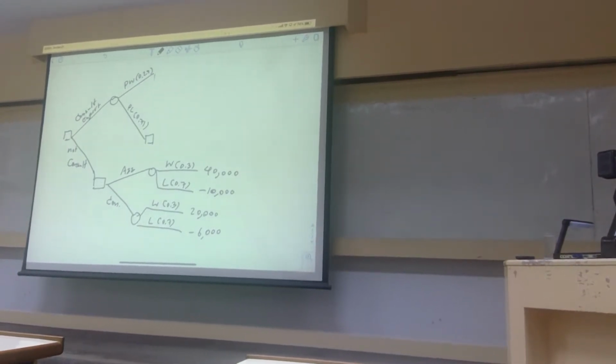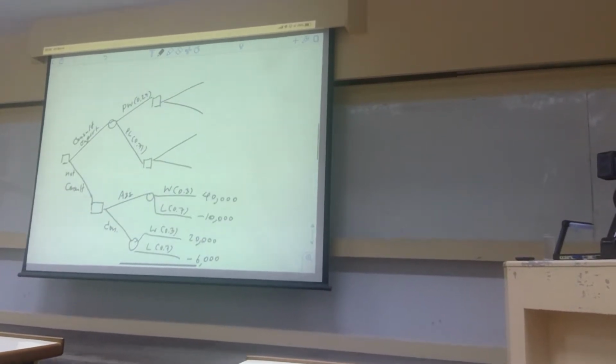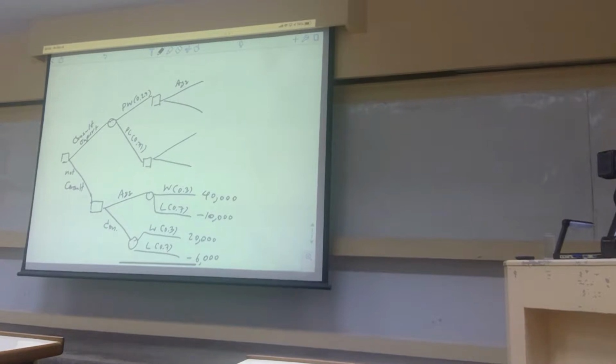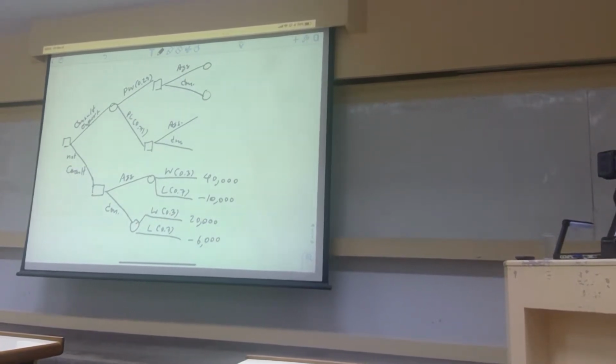Then we still need to make a second decision, especially for the conservative approach. And win and lose the case.